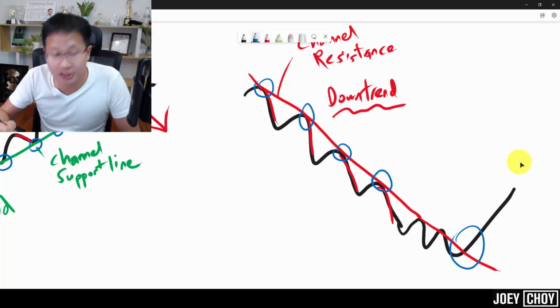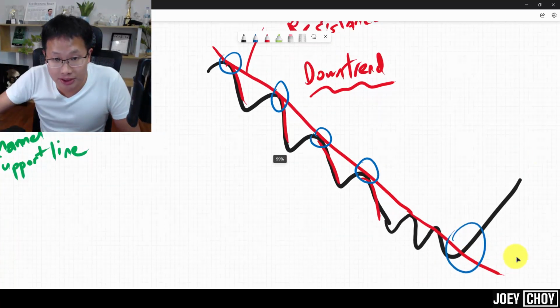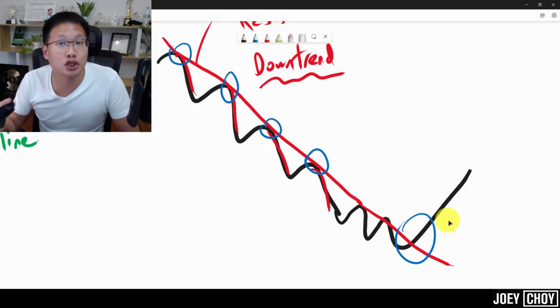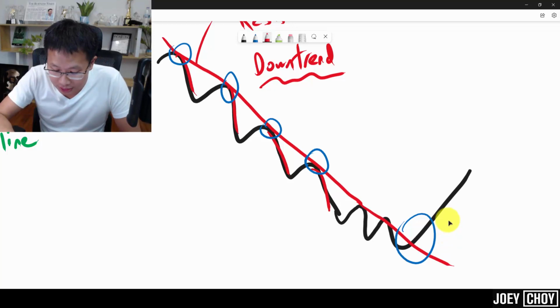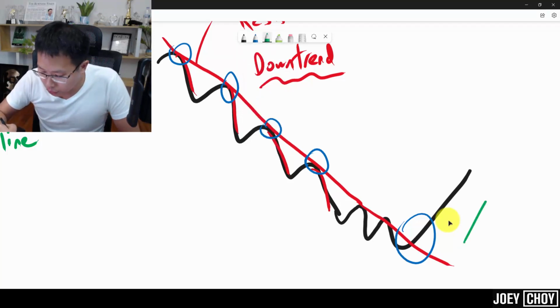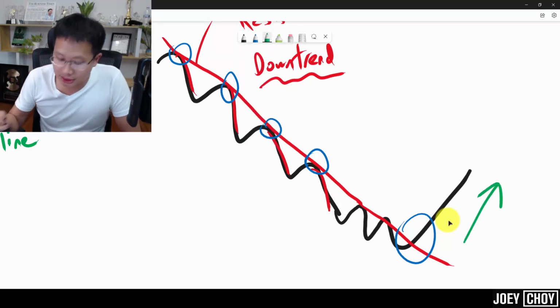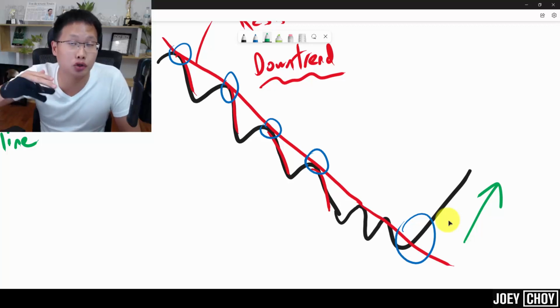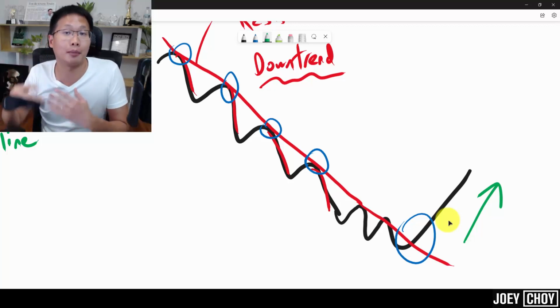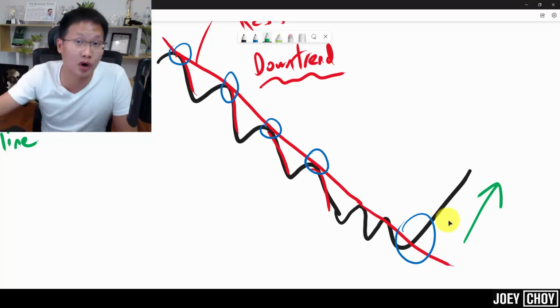If that happens, that is where there could be a potential reversal in terms of the upwards direction. That is where potentially we may start to see a reversal from a downtrend to an uptrend. That's where we can think about buying, about getting in again to ride the reversal.